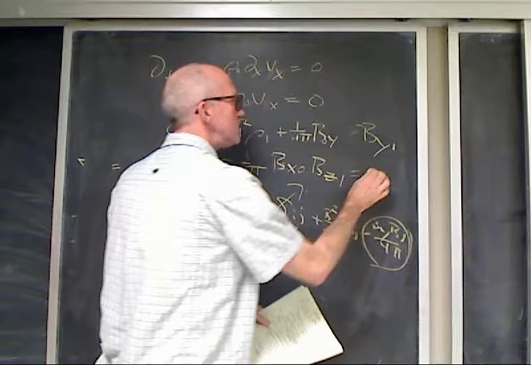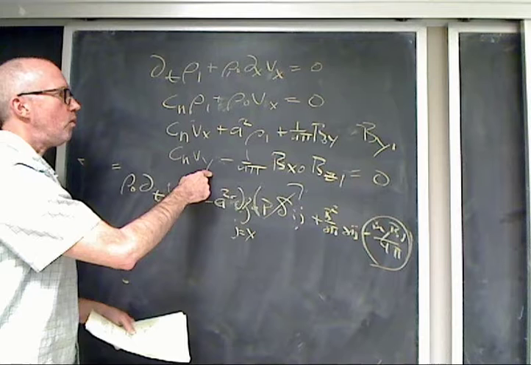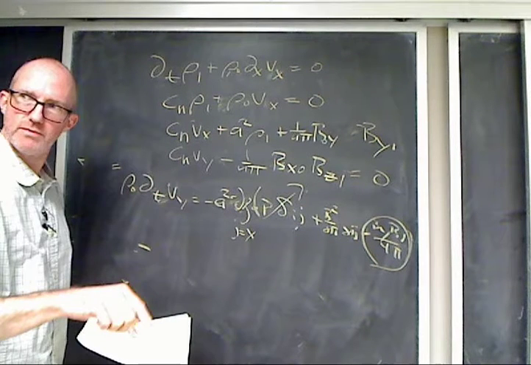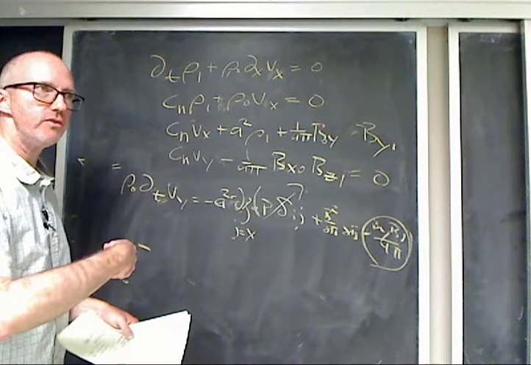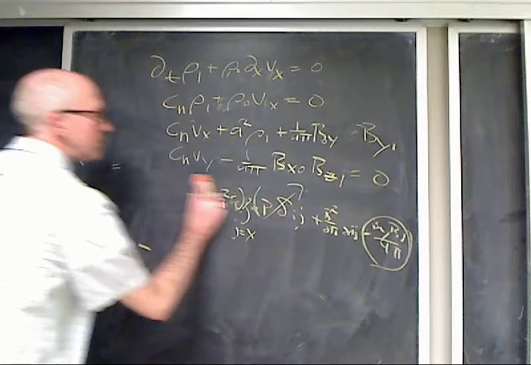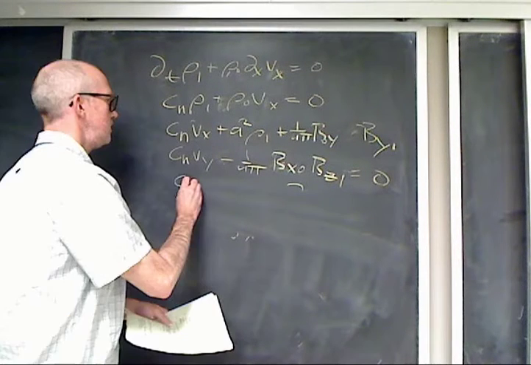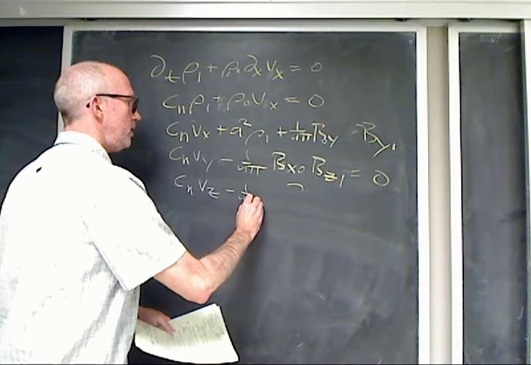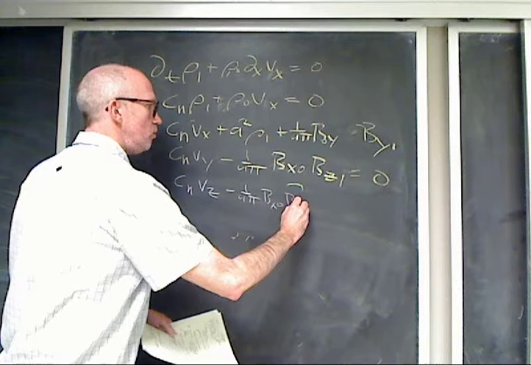So I have a difference between my x component and my y component, because my x component is going to feel the pressure, because that's the divergence part. My y component is only going to feel the Lorentz force. And then I get two similar terms: CnVz minus 1 over 4 pi Bx naught By1 equals 0.